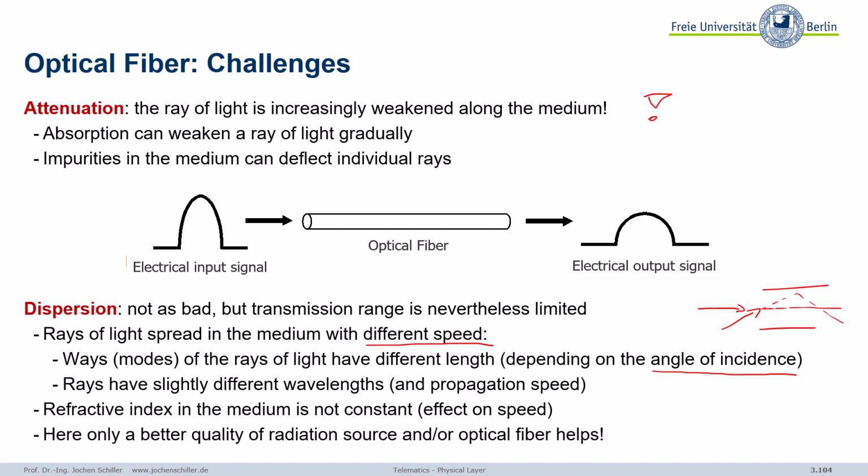Then we have certain effects depending on the refractive index, which helps in our multimode fiber with gradient index. And in the end, you have to really optimize all these factors to avoid dispersion or to make the effect really small. So single mode fiber, that's a good idea because we only have the single mode. We don't have these multiple modes.